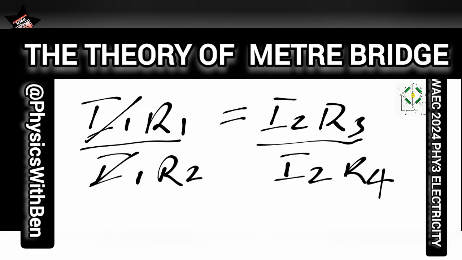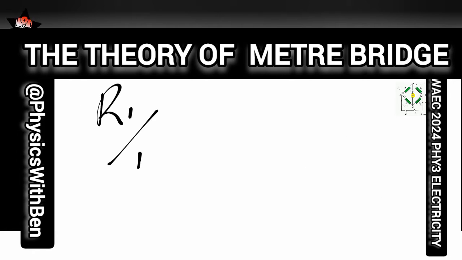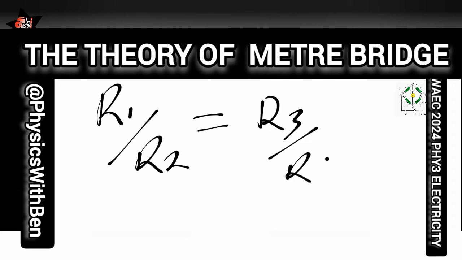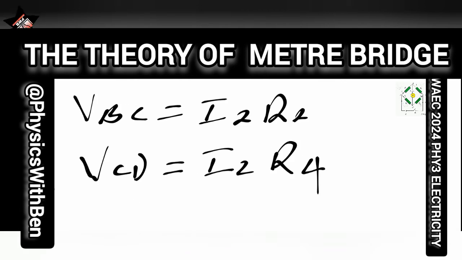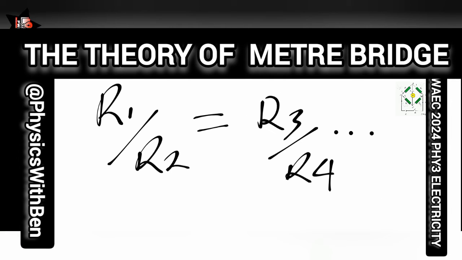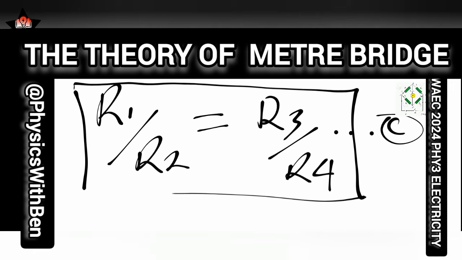So this will cancel out this, and this will cancel out this, and you are left with R1 over R2 equals R3 over R4. Call that equation number C. Equation C is the Wheatstone Bridge equation. At this point, you now make R1 the subject of the formula, which was declared as the resistance whose value is not known.